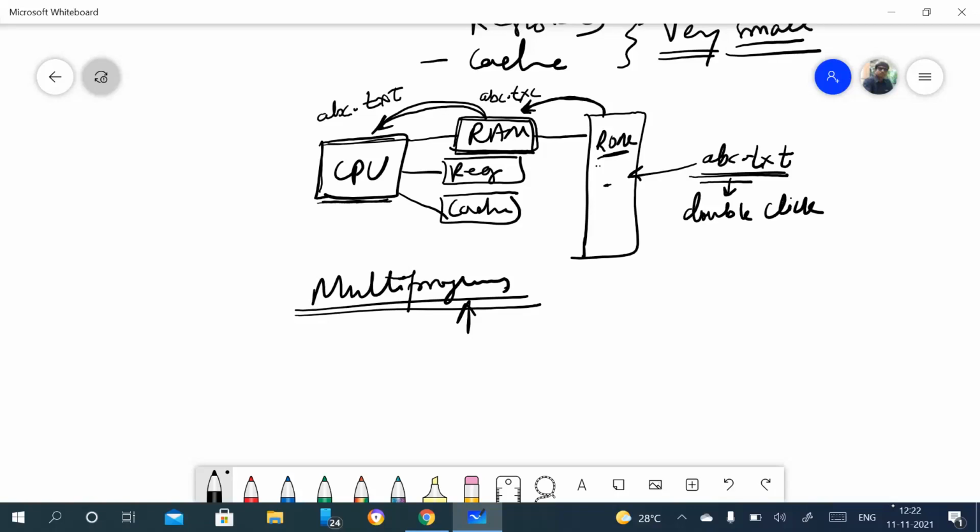If that process is not there, then time will be needed to bring that process from secondary memory to primary memory. So to avoid that, we keep multiple processes in the primary memory, so that we can keep that processor busy at every time, right?